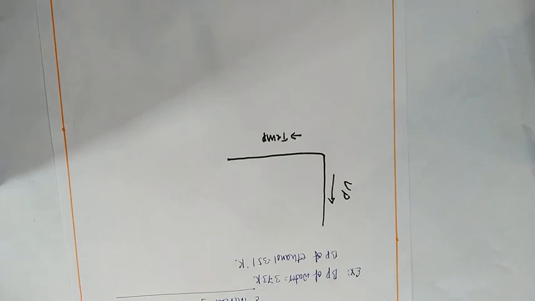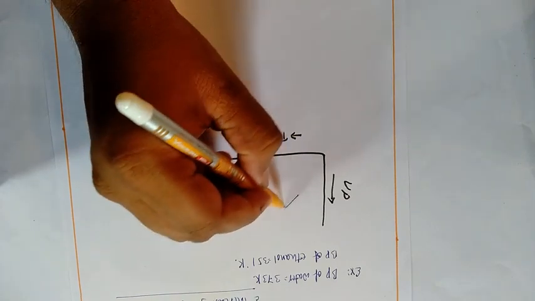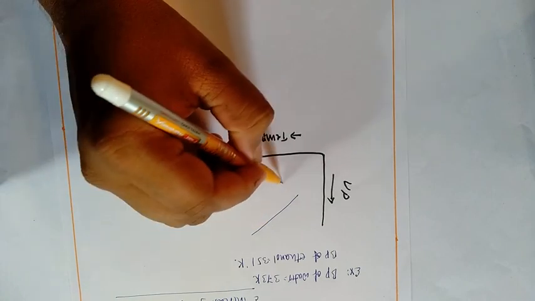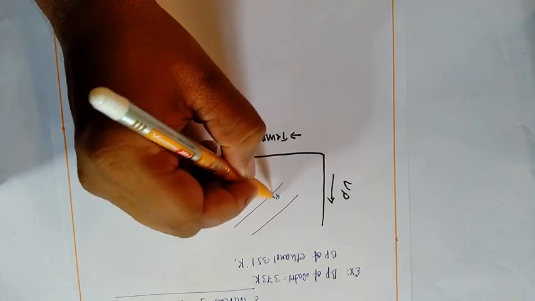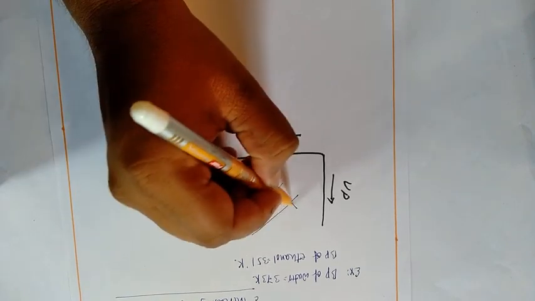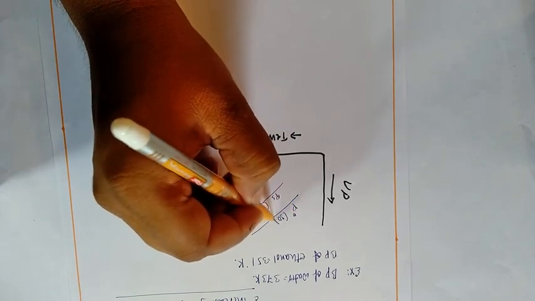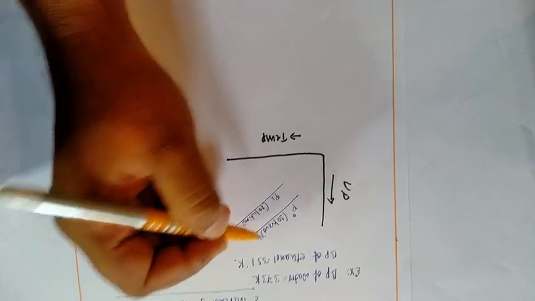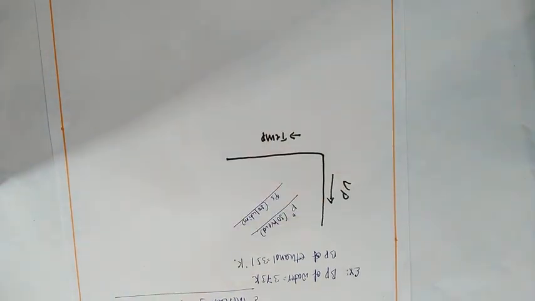If you increase the temperature, vapor pressure increases for a pure solvent as well as solution. This curve is solution curve and this is pure solvent curve. Temperature increases, vapor pressure also increases. This is called elevation of boiling point.